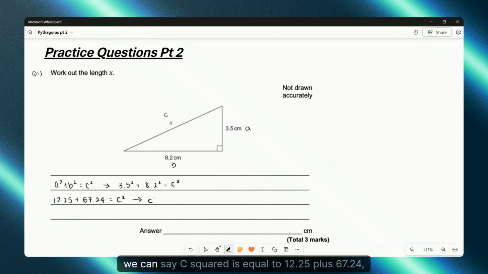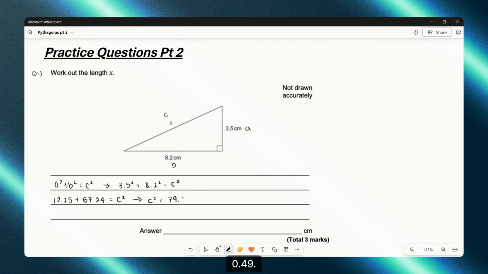So therefore, we can say c squared is equal to 12.25 plus 67.24, which is equal to 79.49. Now, once again, to find the value of c, you have to square root that. So the square root of 79.49 gives us 8.91571, etc.